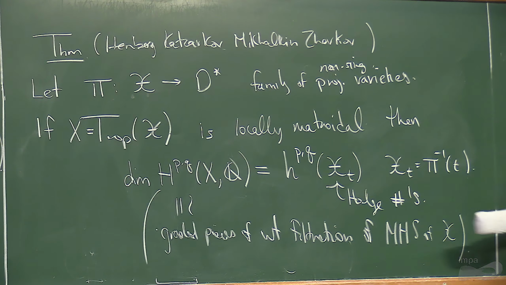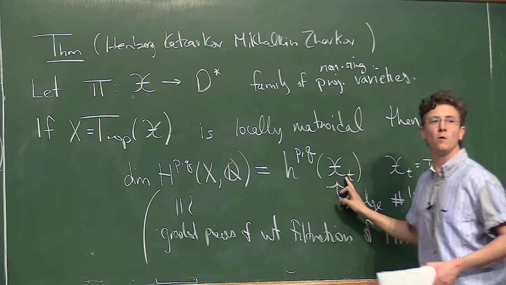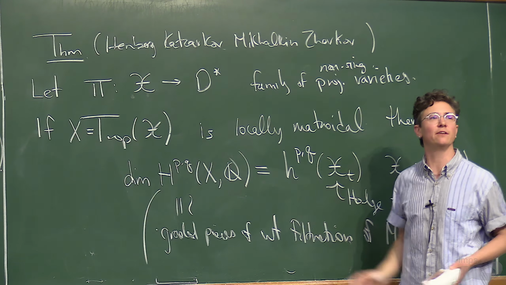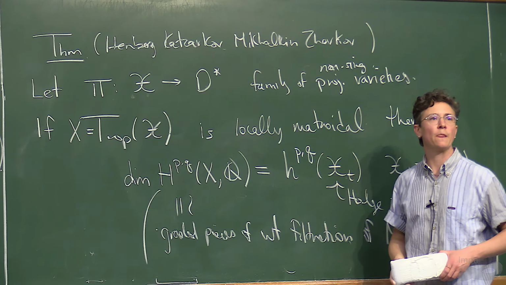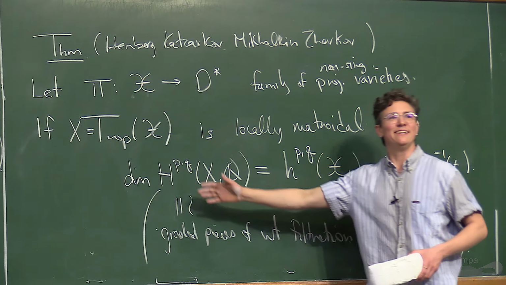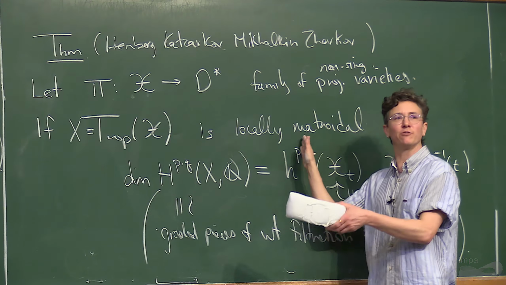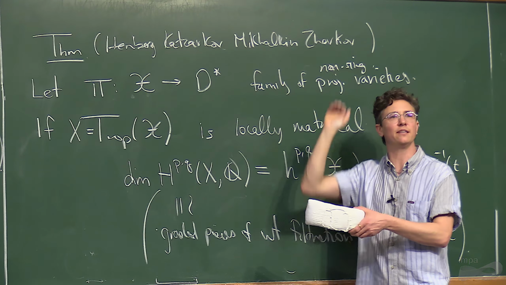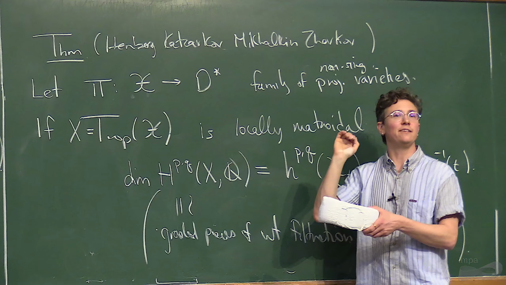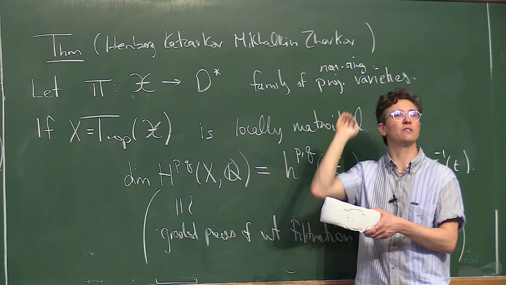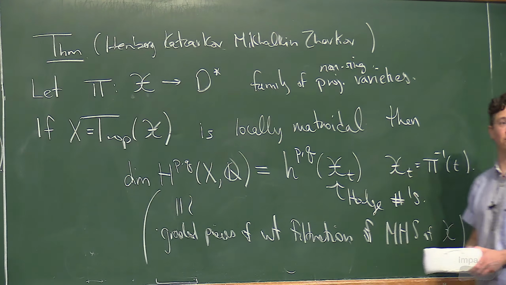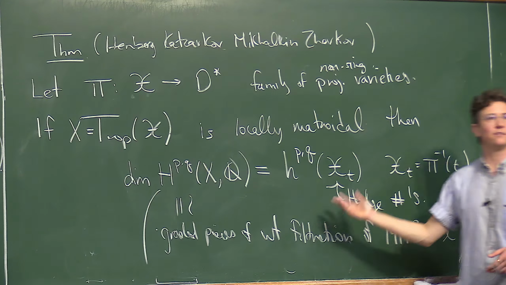What these basically are computing is something about the special fiber. The fact that in your degeneration everything is locally matroidal translates algebraically to meaning that the open strata are complements of hyperplane arrangements. And those all carry nice, pure mixed Hodge structures. That's what lets us deduce this.